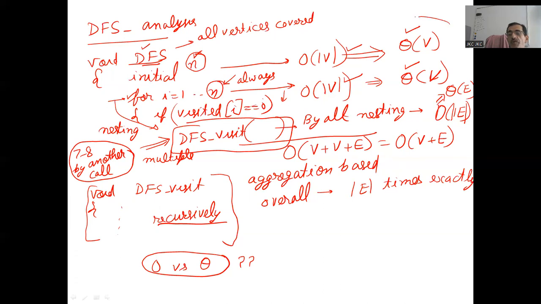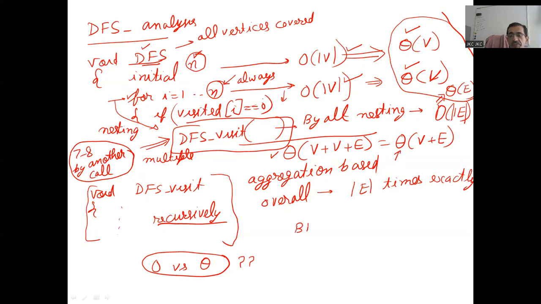So in case of DFS, everything can be said to be theta of V or theta of E. Hence, to be precise, I can write theta of V plus theta of V plus theta of E, and then finally conclude.